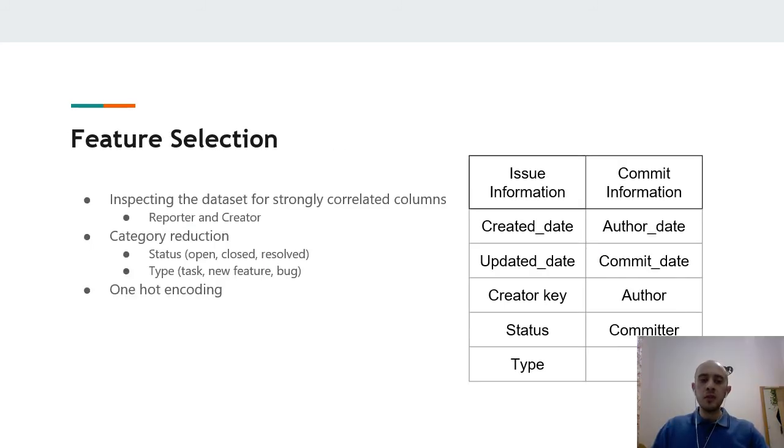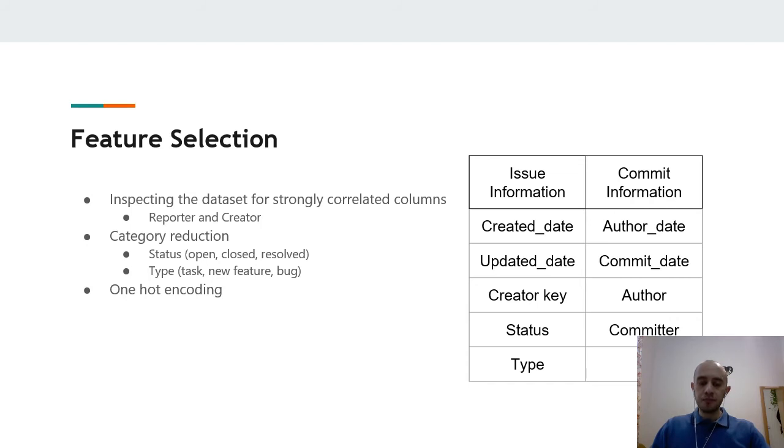To find the best features for the non-textual method, we decided to study different columns of our data to find the suitable ones for these models. First, we inspected the dataset for strongly correlated columns, and we figured out that the reporter column and creator column related to issues are the same in more than 99% of situations, so we decided to omit the reporter column.